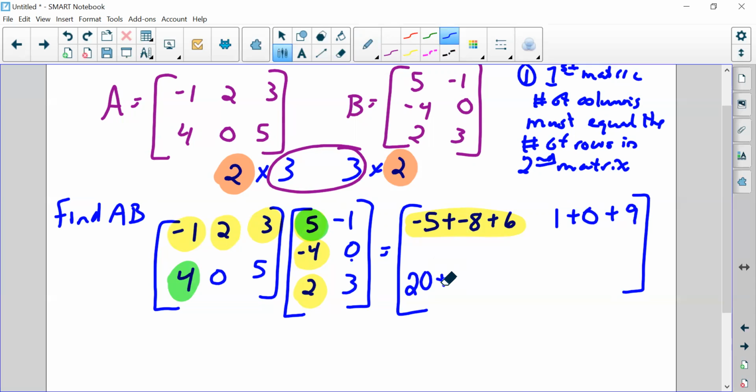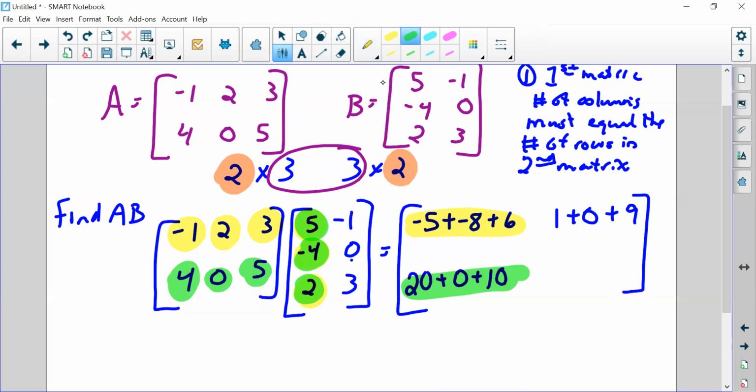So 0 times a negative 4, 0. Plus, move over and down. 5 times 2, 10. I've now done my complete second row, first column. So that will correspond to this entry that we get here.